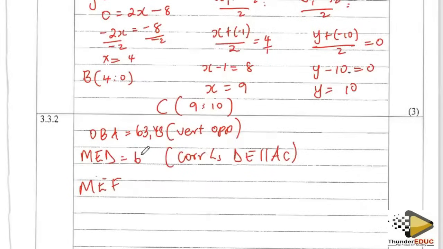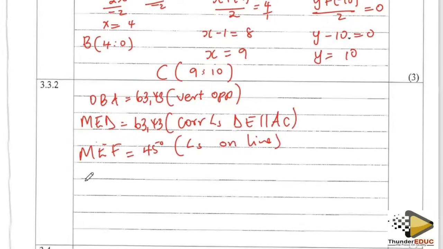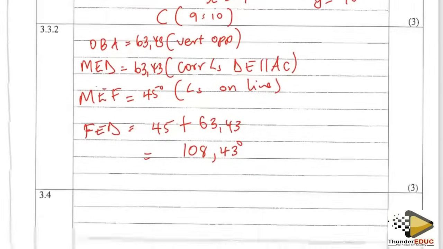So this is the 45, which will be angles on a straight line. Then now I can have my FED to be the sum of 45 plus the 63.43. So that's going to give me 108.43 degrees.